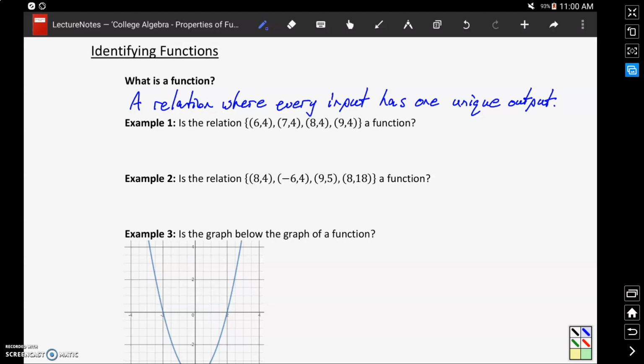Or another way of saying that is every x value is paired with a single unique y value.